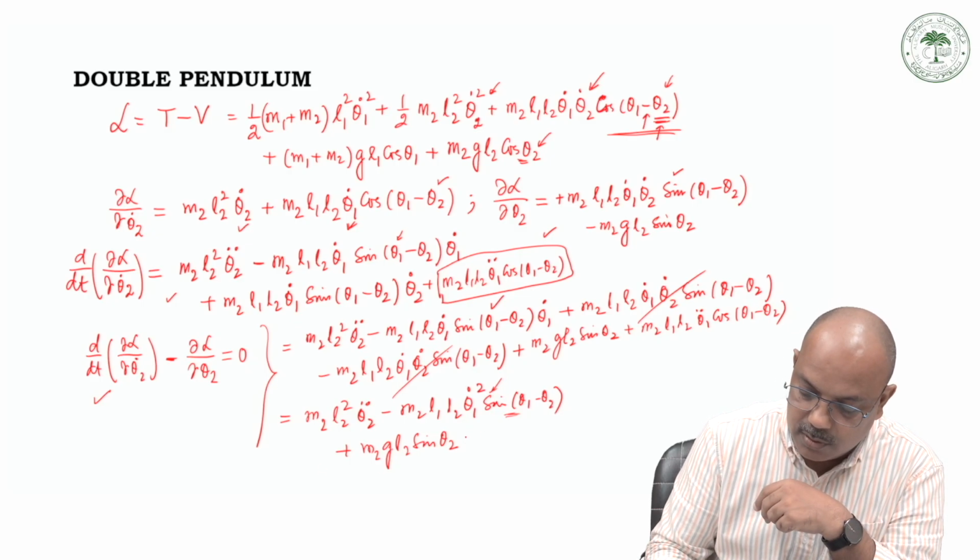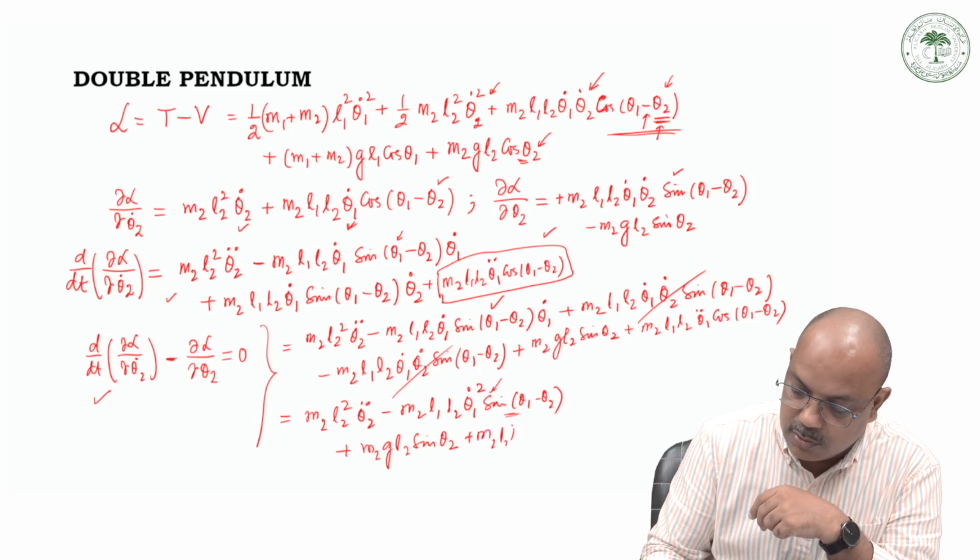You add one more term here, that is m2 L1 L2 theta 1 double dot cos of theta 1 minus theta 2, equal to 0.